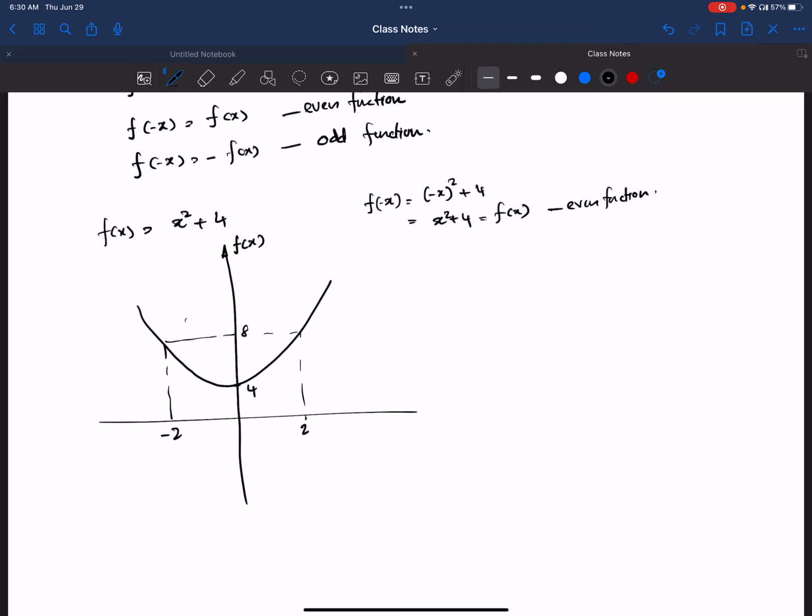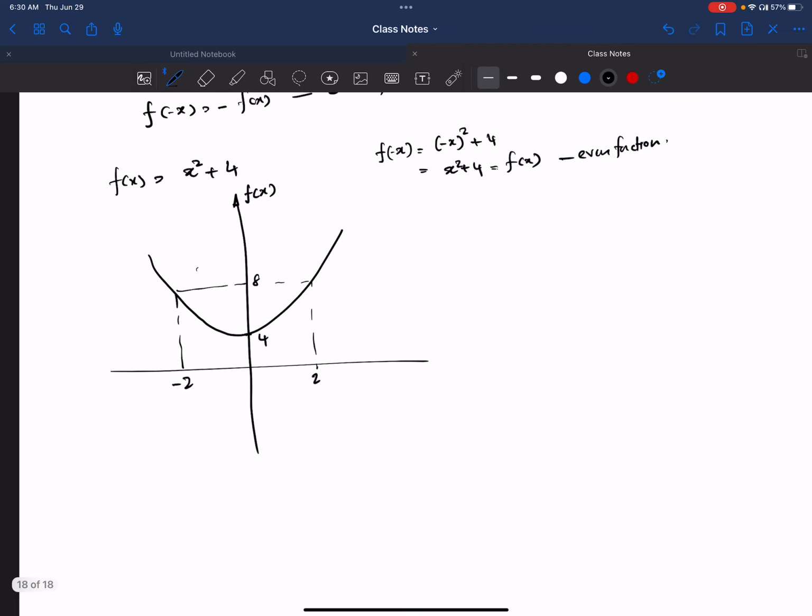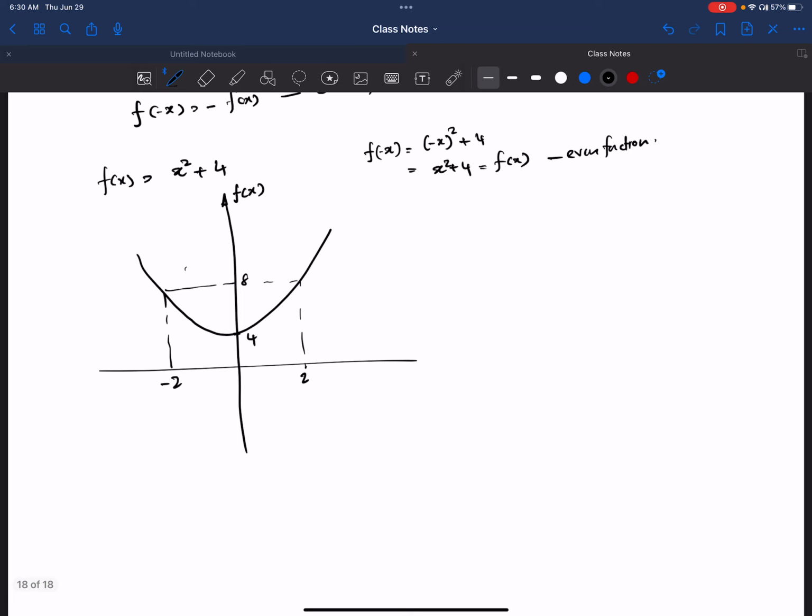And I have another function, f of x equals x cubed minus x.